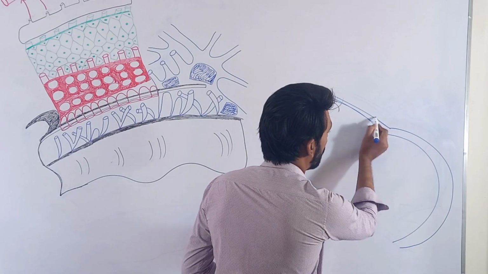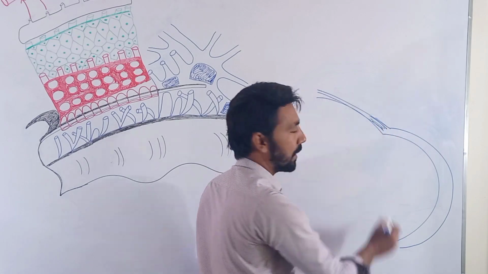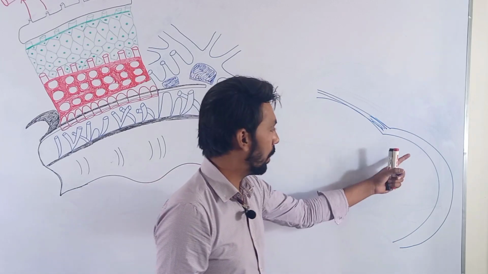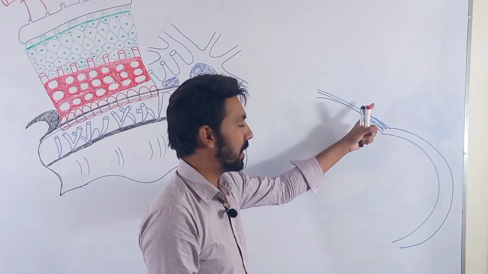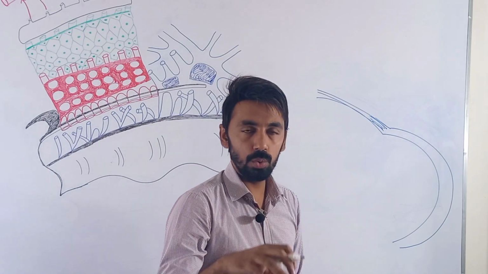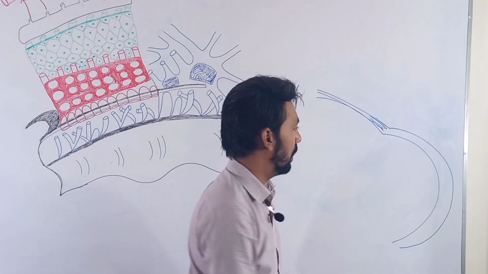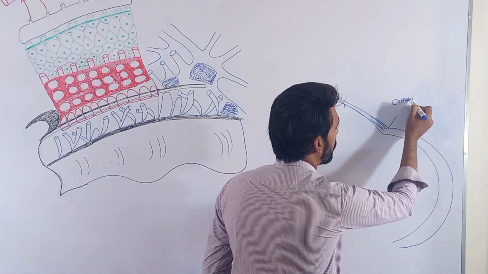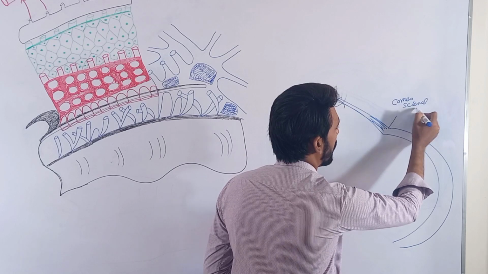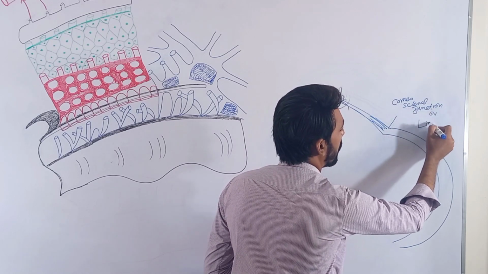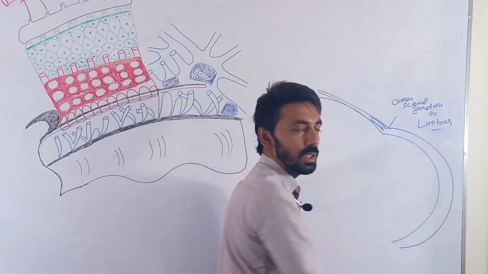And this structure is called the sclera. So the transition point between the cornea, which is transparent, and the sclera, which is opaque, the junction between these two surfaces anteriorly, this is called the corneo-scleral junction, or yes, the limbus.